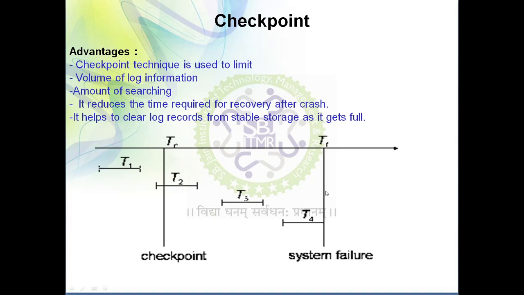Because a failure occurred, and according to the atomicity property either all or nothing: either the complete transaction gets executed successfully or nothing will be executed. Though transaction T4 was not able to complete its execution, it should undergo undo, meaning we need to cancel all the actions performed by transaction T4. We don't bother about T1 because we have set the checkpoint over here.